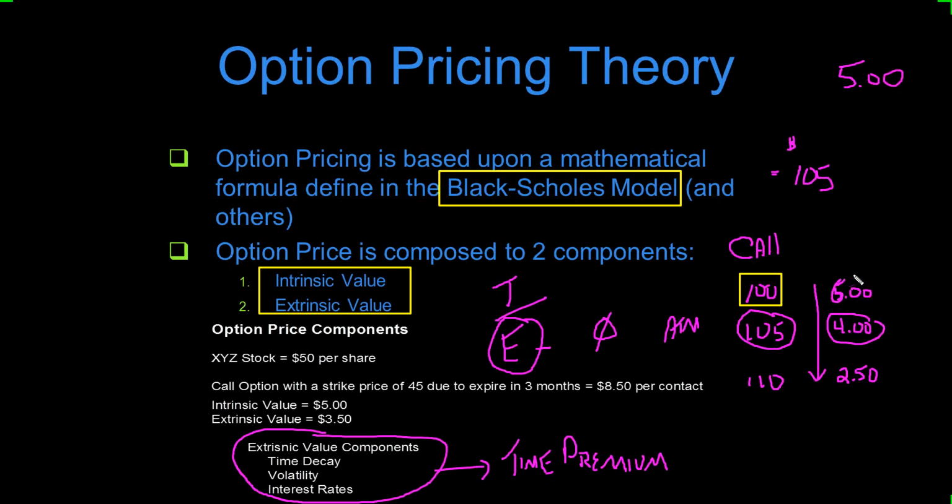So now out of that $6 price of that option contract, $5 of it is already in the money, and $1 is out of the money. So this $1, assuming time freezes, that $1 will expire. Every day, just a little bit is wasted away. That $5 is untouchable. That $1 just wastes away.